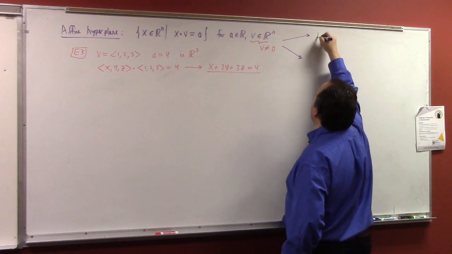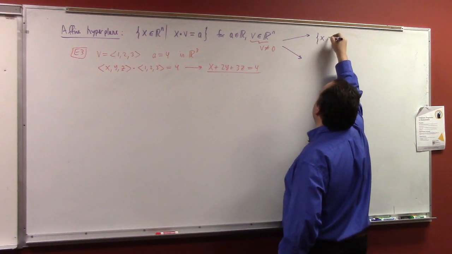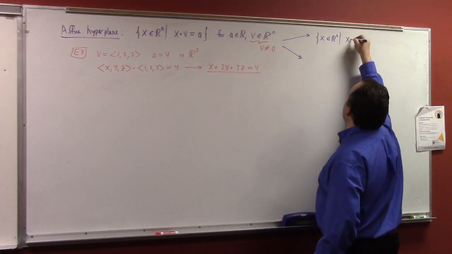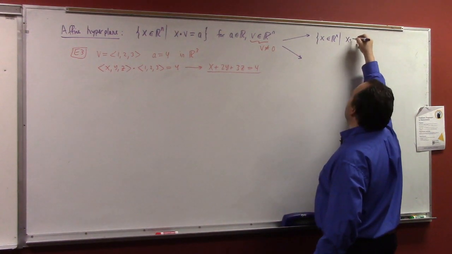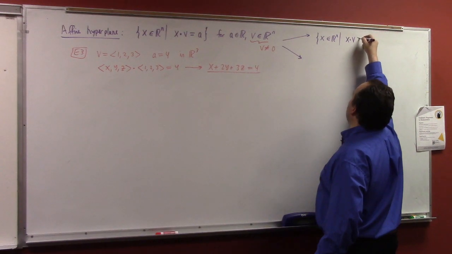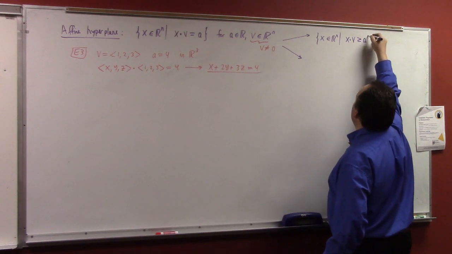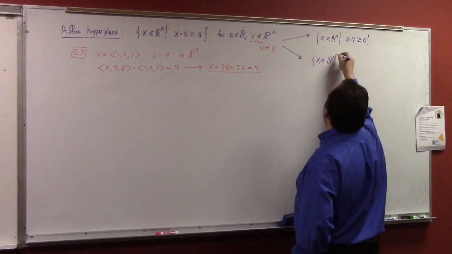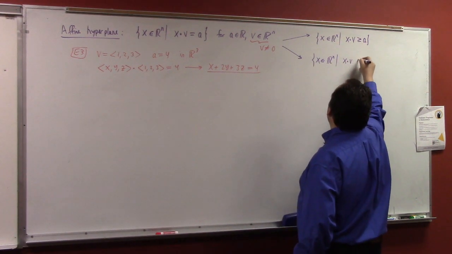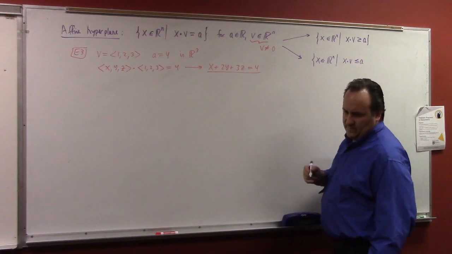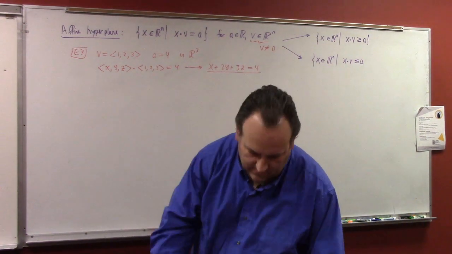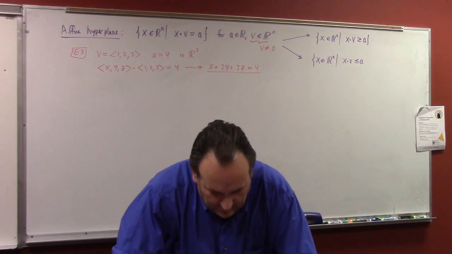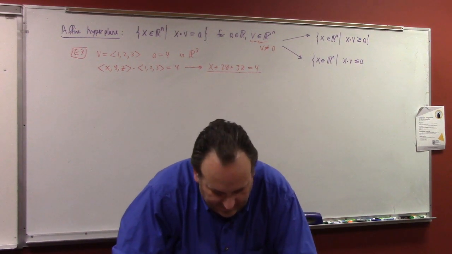We can either look at the set of x in Rn such that x dot v is greater than or equal to a, or we can look at x in Rn such that x dot v is less than or equal to a, I think is what he does. And those are closed half spaces.